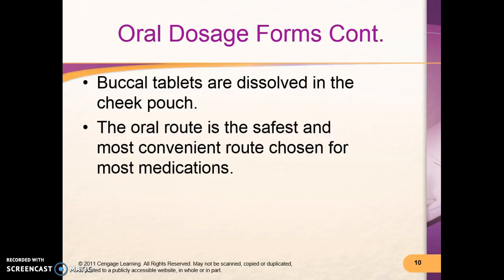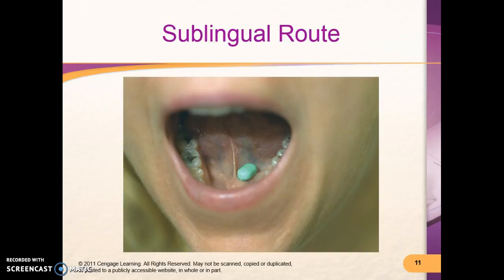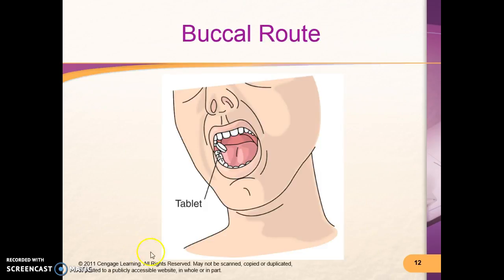Buccal are actually, if you think about someone who is a tobacco chewer, that space between the cheek and gum, that's where buccal tablets go. And a lot of these drugs are considered to be the most convenient route for most medications. So you will see those prescribed quite frequently. Here's just a quick example or a picture of the sublingual. That's under the tongue. And then buccal in that little space between the cheek and the gum.